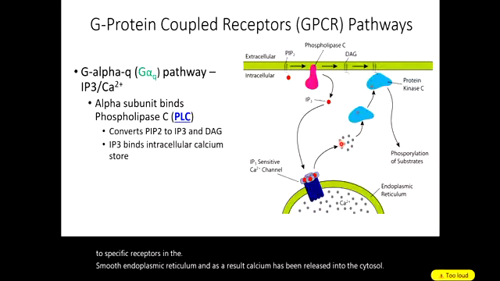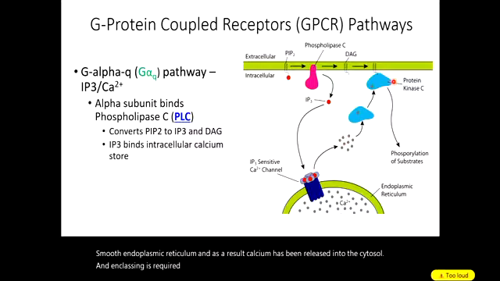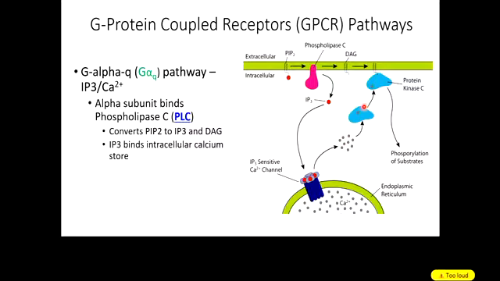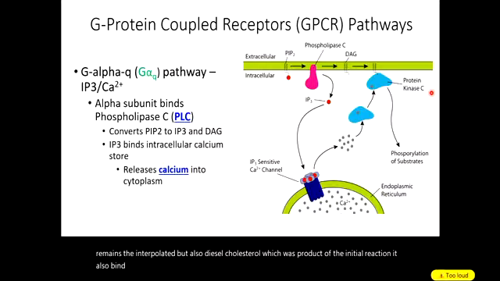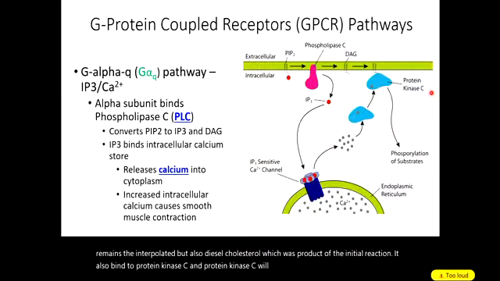And calcium is required to activate protein kinase C, and the letter C indicates that calcium is needed to activate it, but also diacylglycerol, which was a product of the initial reaction, will also bind to protein kinase C. And protein kinase C will have further downstream effects which can play a role in smooth muscle contraction.